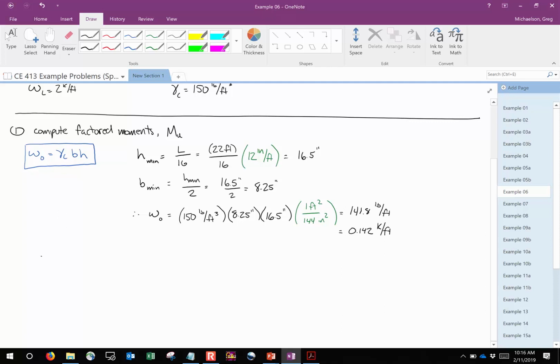So therefore, the way I'm going to write that is W sub U. I'll go ahead and factor the loads and then determine a moment. Okay, so that is 1.2 times W sub naught plus W sub D, plus 1.6 times W sub live. In other words, we'll just lump all that together because it's all dead load.